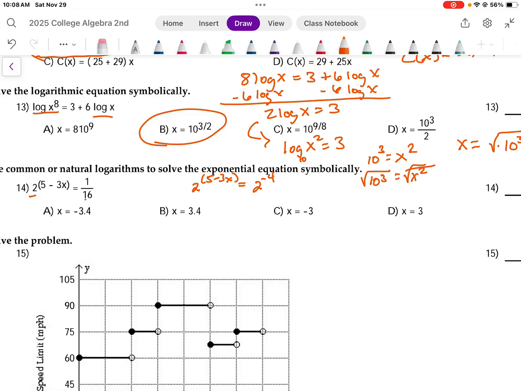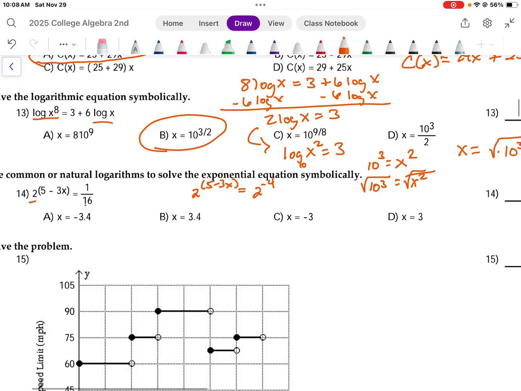When I have the same base, like when using logarithms, you can say log base 2 of both sides. What that does is cancel out the log base 2 and the 2, and you're left with the exponents being equal. 5 minus 3x equals negative 4.